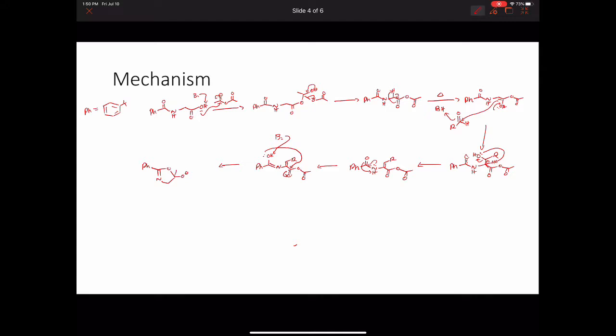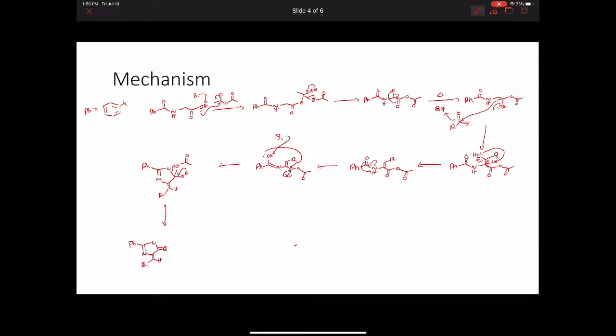So if we force the electrons from that negatively charged oxygen down, that forces the carbon-oxygen bond that would form the anhydride to break, and that will generate an acetate anion as a byproduct, and that'll give you the final product here. Okay, so that's the mechanism for going from the hippuric acid to our final product.